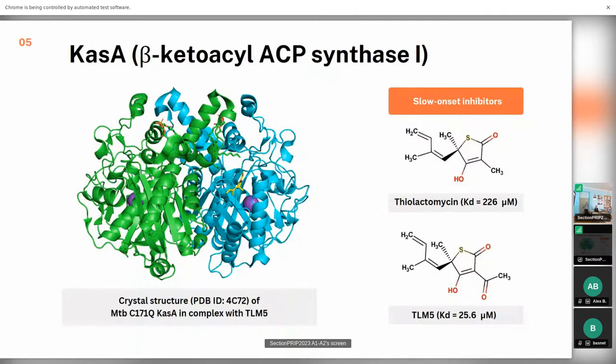We have a 3D structure, we know the inhibitors, and the mechanism of action of KasA is also described in the literature.